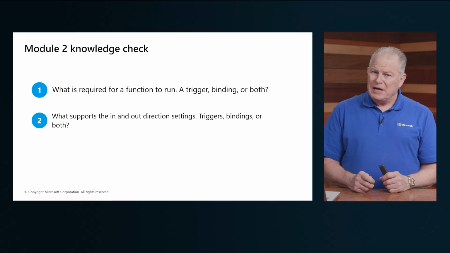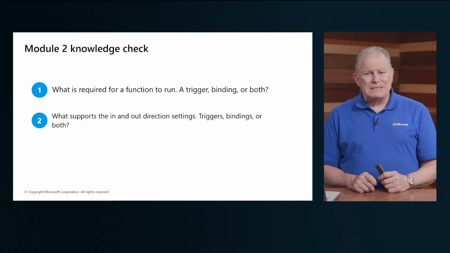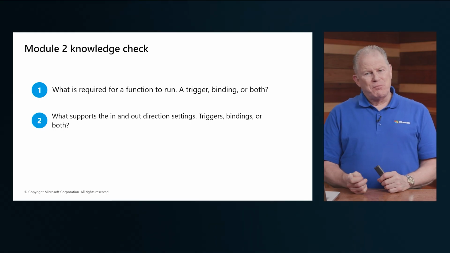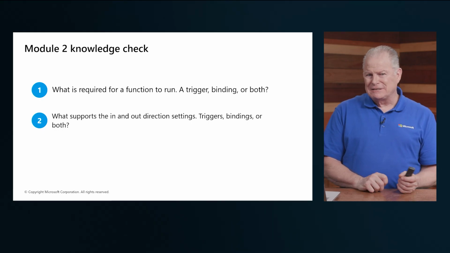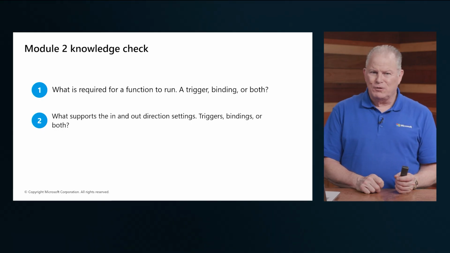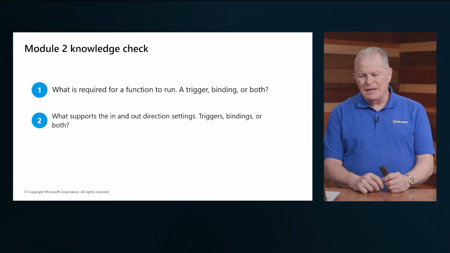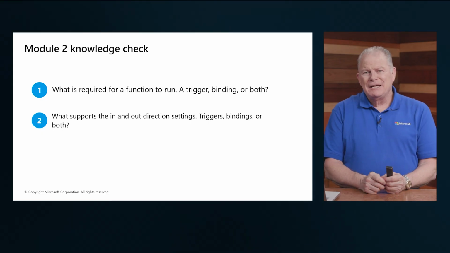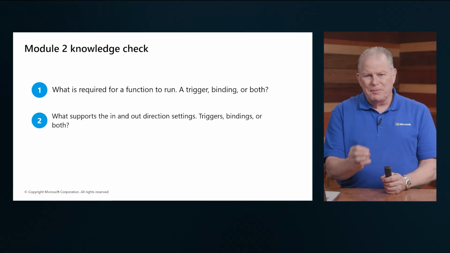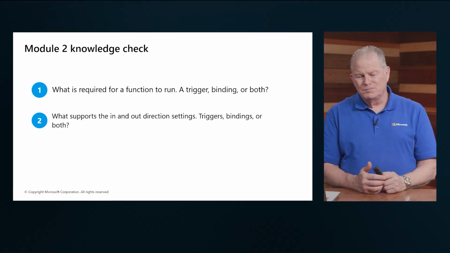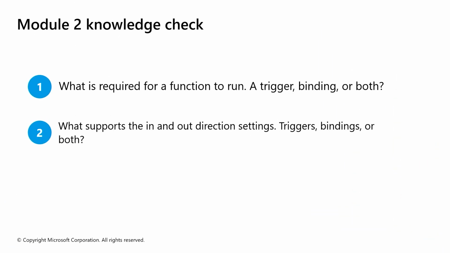A trigger can be a type of binding, and it's always inbound. But, is it both? So it needs to be a binding that is an inbound that could be identified as a trigger. So, I say that it's a trigger is what you need, but know that a trigger is a binding. So is it both? We can argue that.